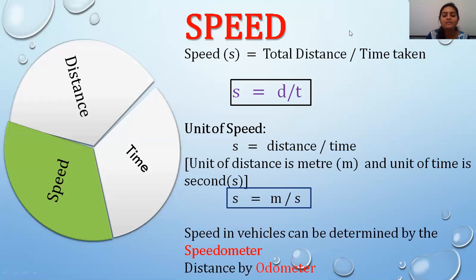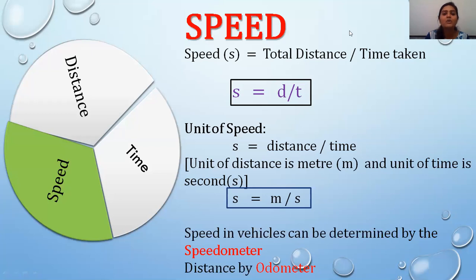Now on a daily basis, when we have to find out the speed of the vehicle in which we are traveling, we have special instruments installed in our vehicles. There are two special instruments over there, one is the speedometer and the other one is the odometer. When we say speedometer, always connect speedometer with speed.